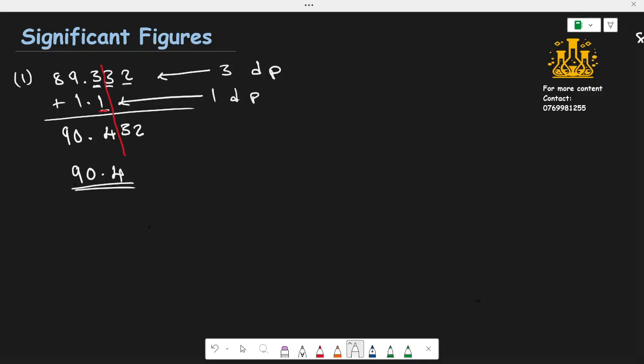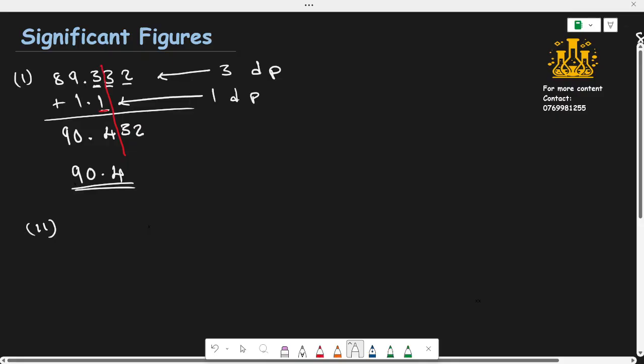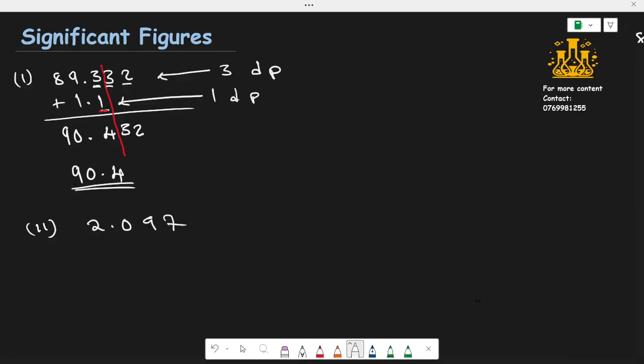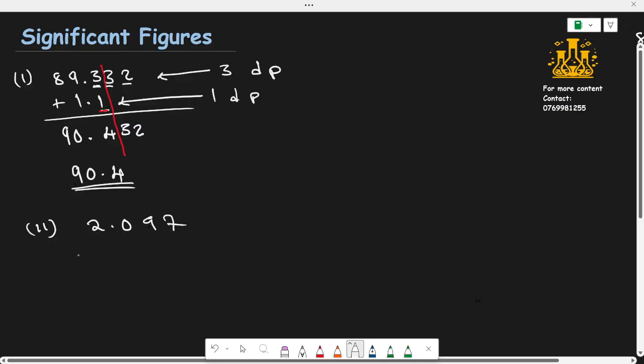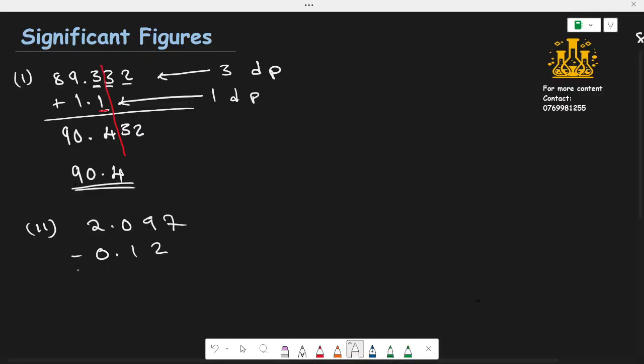So to just solidify what I just said, let's look at another example. What if we had 2.097, then you are subtracting 0.12.